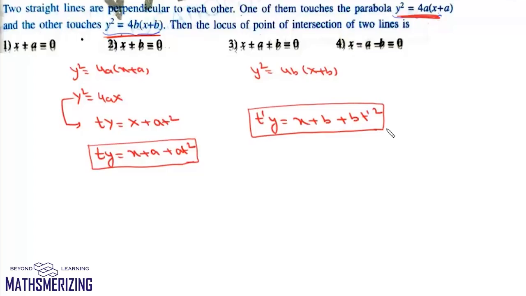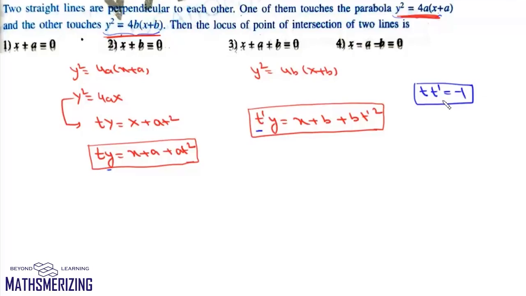Now we'll need to find locus of point of intersection of two lines. Now we know that these two lines are perpendicular to each other. What is the slope of this line? 1 upon t, and it is 1 upon t dash. So from here we'll get the condition as t into t dash should be minus 1. Now we need to find locus of point of intersection of these two lines.